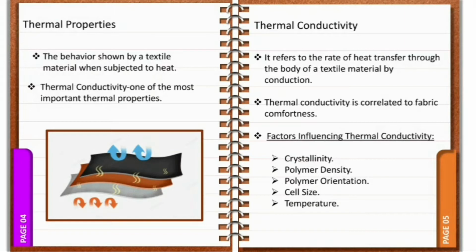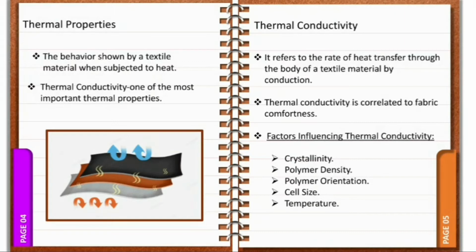Thermal conductivity is an indicator of how easily heat can pass through a textile material. It refers to the rate of heat transfer in calorie through the body of a textile material by conduction.